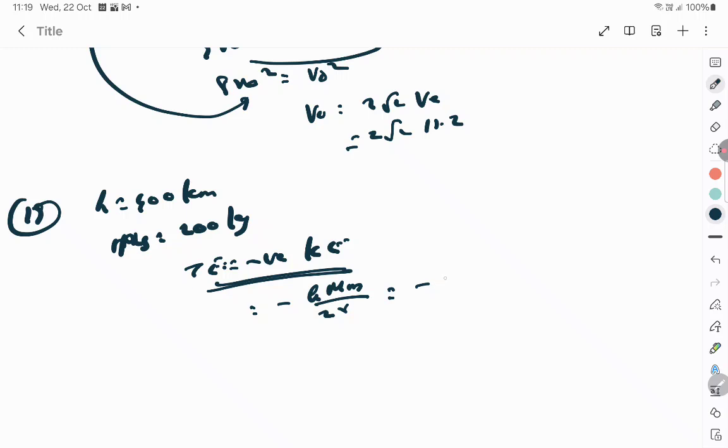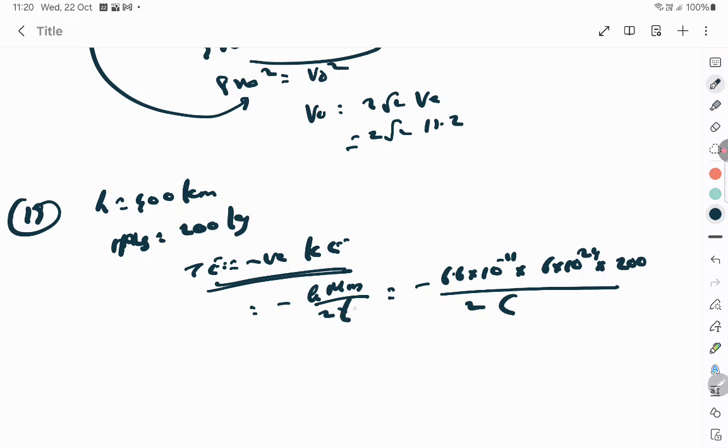What is G? Minus G is 6.6 into 10 to the power minus 11 into capital M is the mass of the earth, which is 6 into 10 to the power 24, into small m, which is the mass of the satellite, which is 200. Okay, everything is in kg, divided by 2 into R, which is actually R plus H, right?